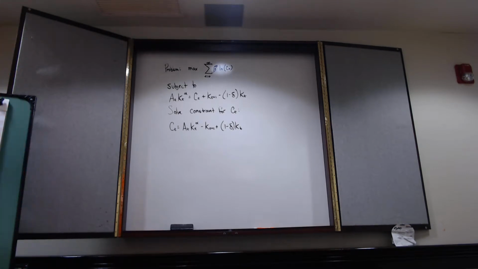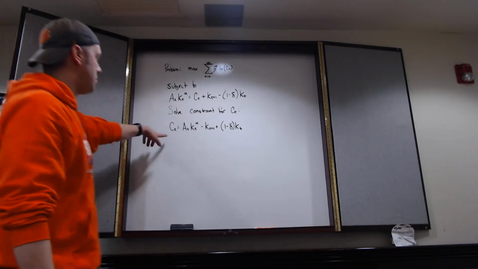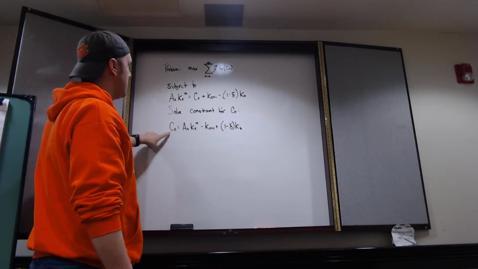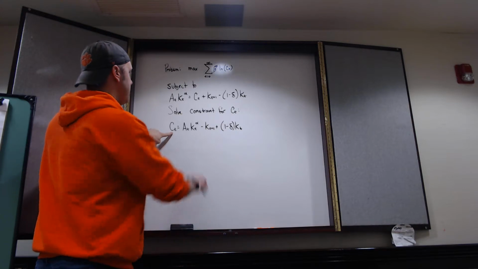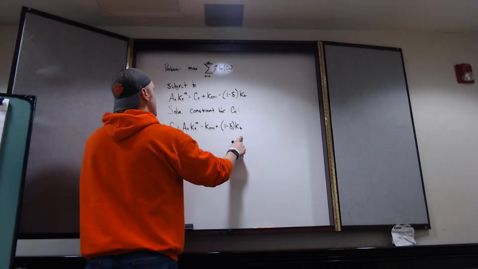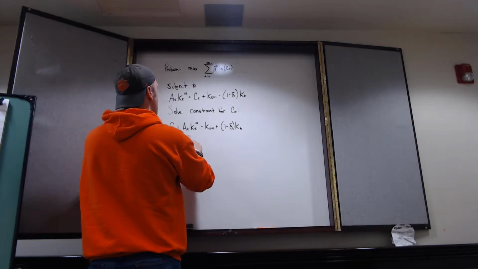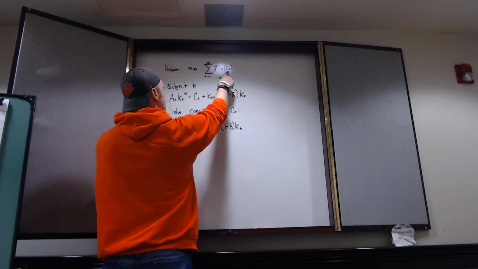I distribute that -1 through the whole thing, and now this is my constraint. The nice thing about this constraint is that C is a function of a bunch of other stuff, and if this other stuff is equal to C, then I can plug that in up here.